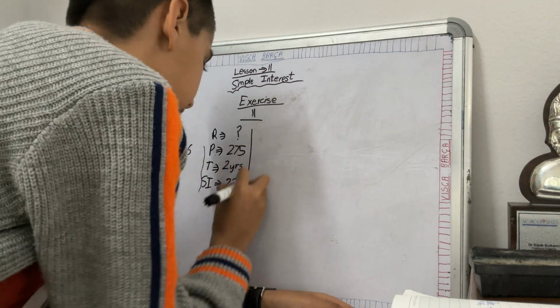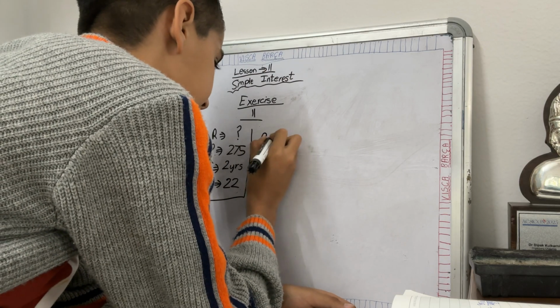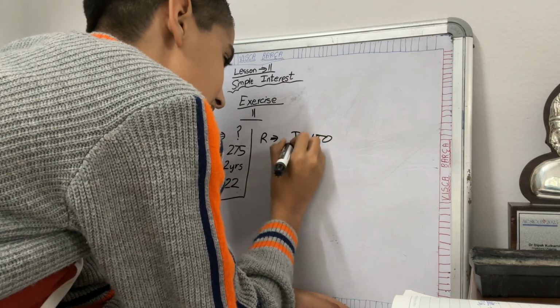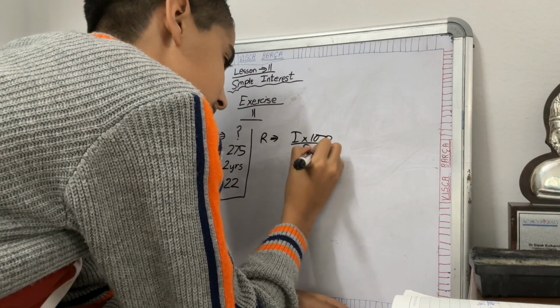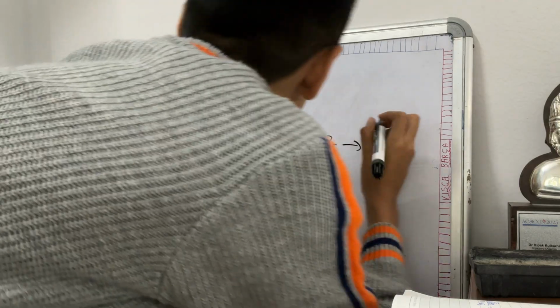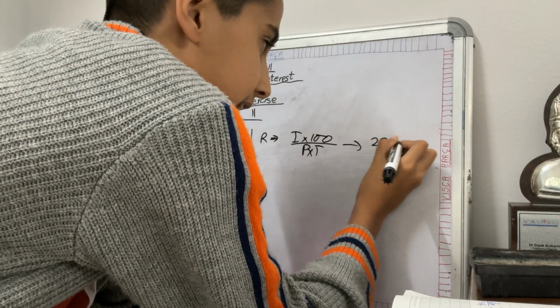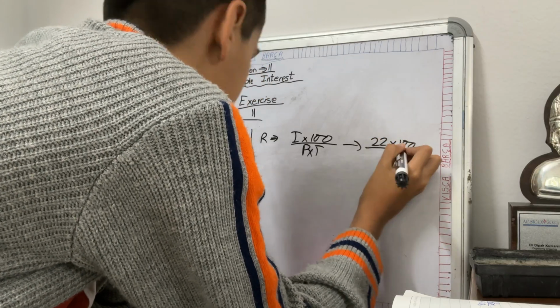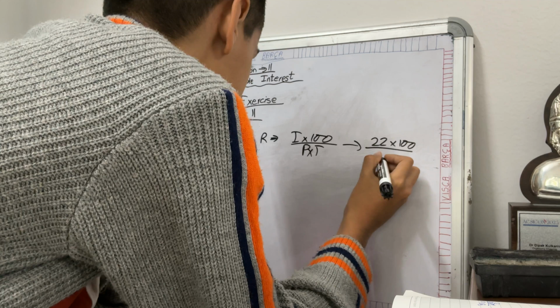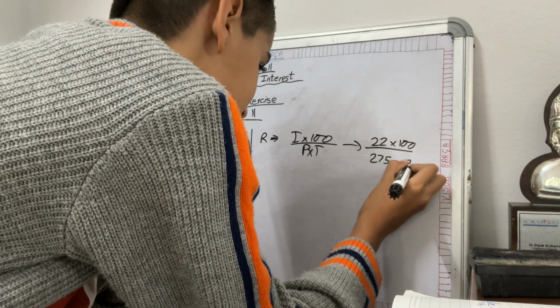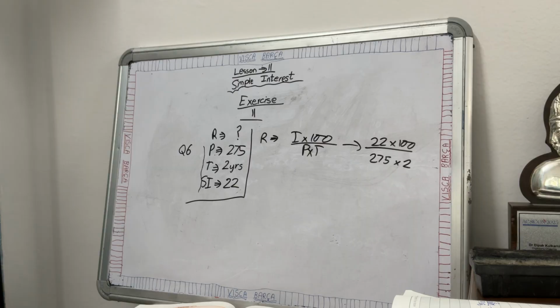Now with these we can calculate what R is. So what's the formula for R? R is equal to I into 100 upon P into T. Now I'll write it: 22 into 100 upon 275 into 2. Now we'll cut.